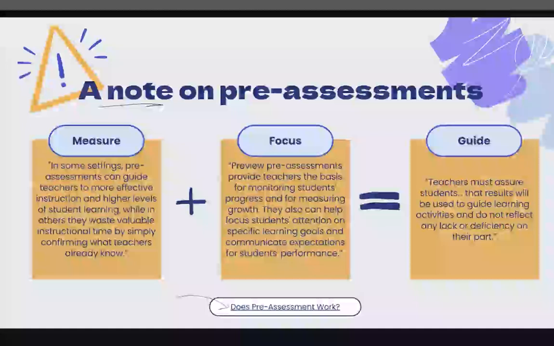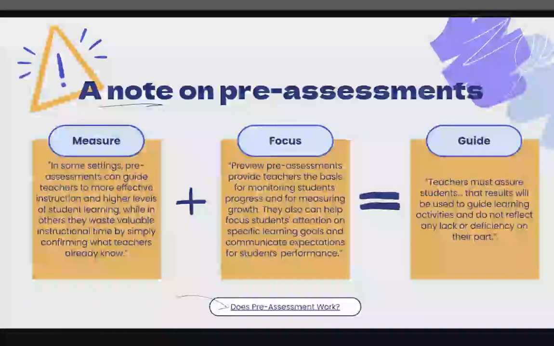Firstly, it can feel very defeating for students to be assessed on something they technically haven't been taught yet. So, how might an educator, whether that's the teacher, an administrator, a school district leader, how can we be sure to mitigate that feeling for students before the assessment even begins, right? So, being really careful to assure students and teachers what the purpose of these results are, and openly communicating that to students, right?